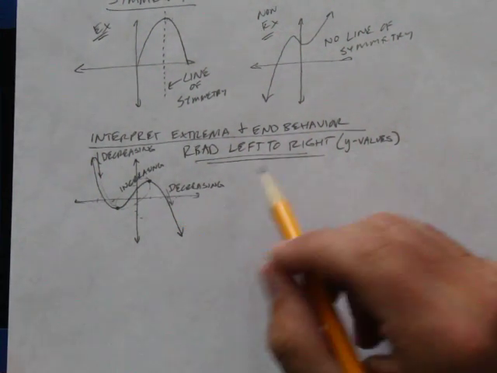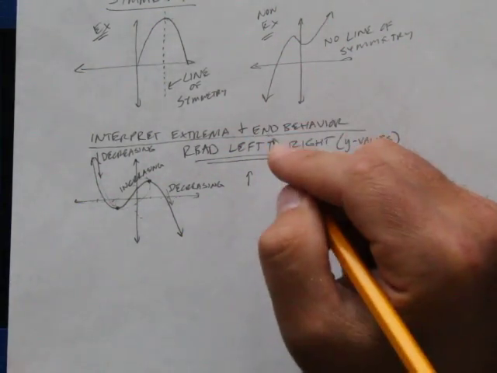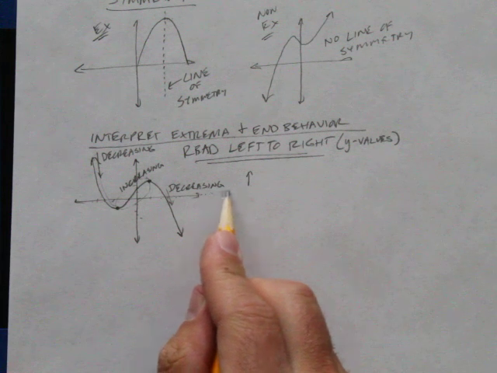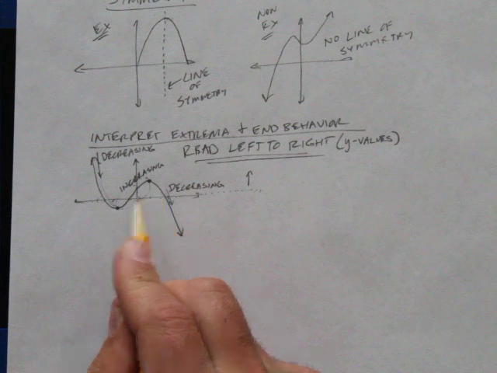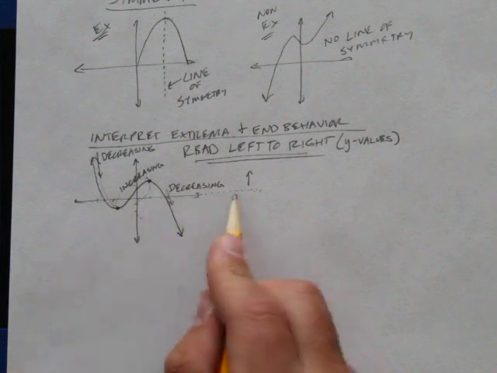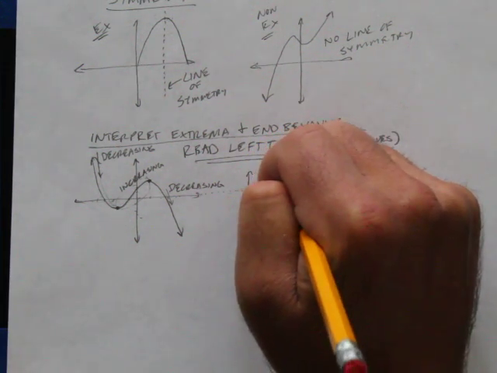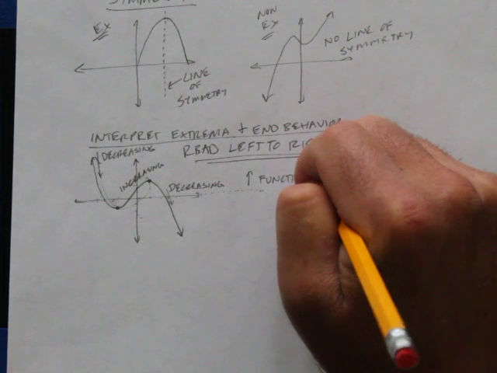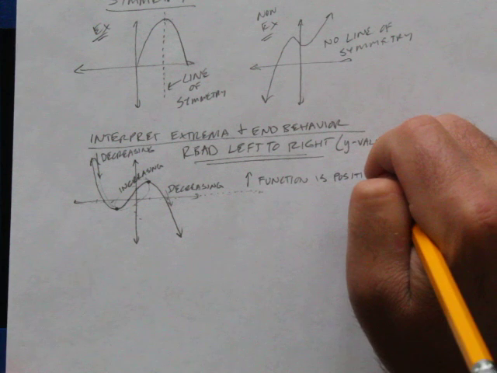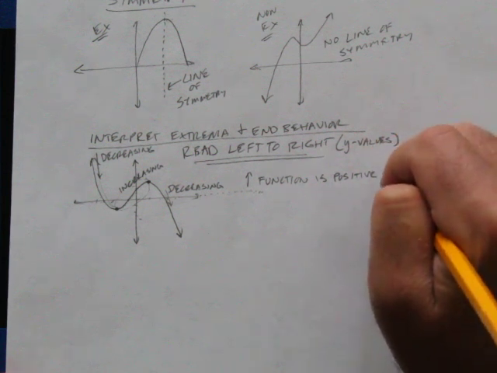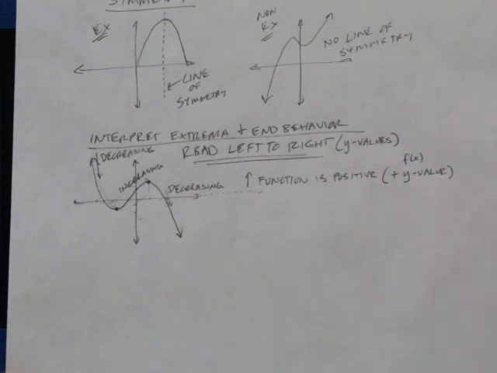Okay, so we're going to draw a little arrow going up, and see this x-axis? In the sections where the graph is above the x-axis, the function is positive. So that means a positive y value, or f of x value.